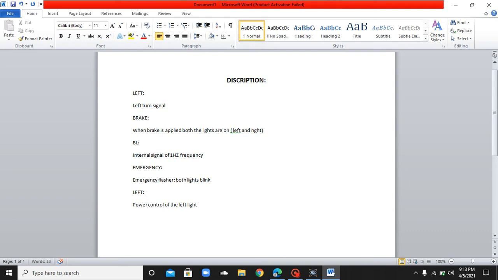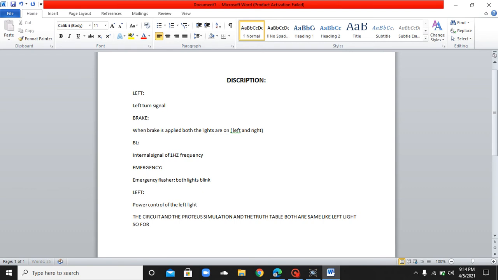And one more thing: the circuit, the Proteus simulation and the truth table are both the same for the right light.